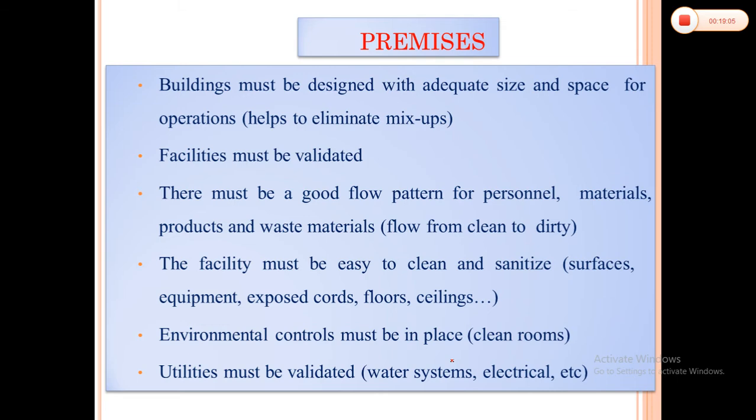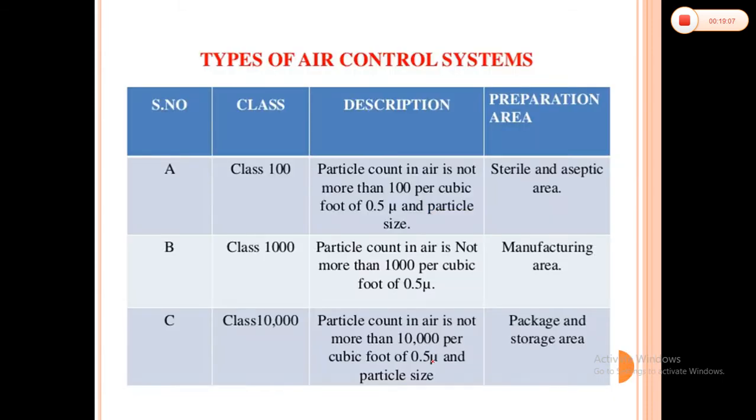Then we'll talk about a very important factor here, the types of air control system. Here we can see there are three classes, class A, class B or class C. These are the areas where we have aseptic area, manufacturing area and packaging area. Class 100 is also called class 1000 and class 10,000.